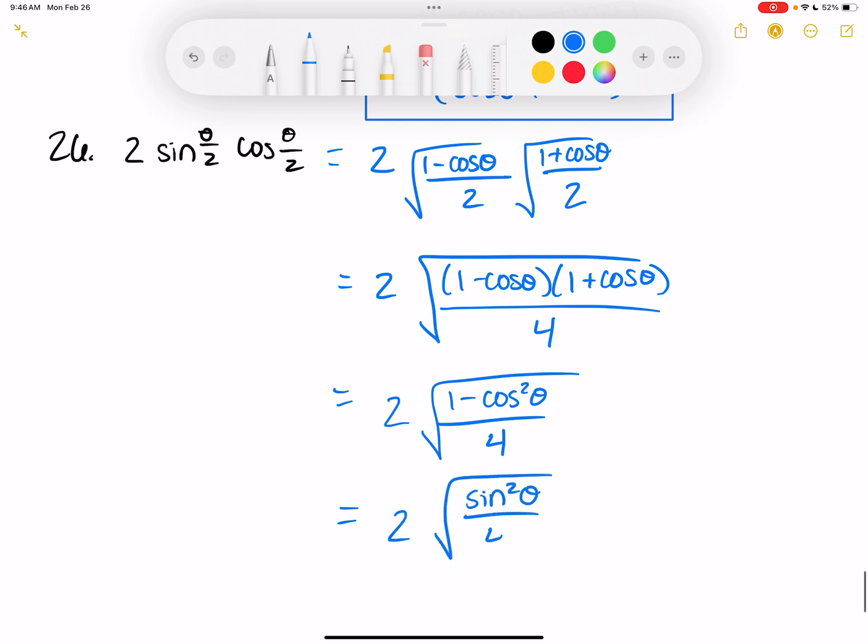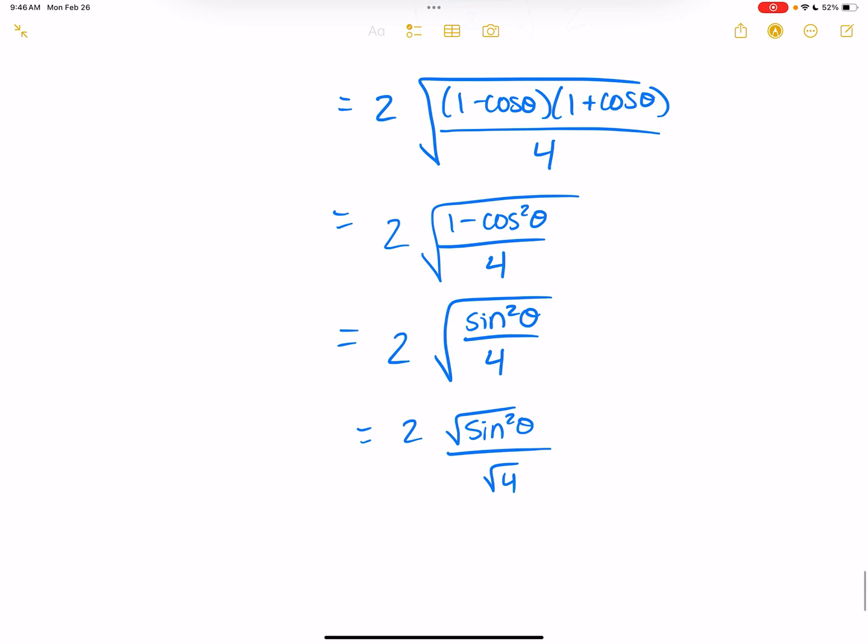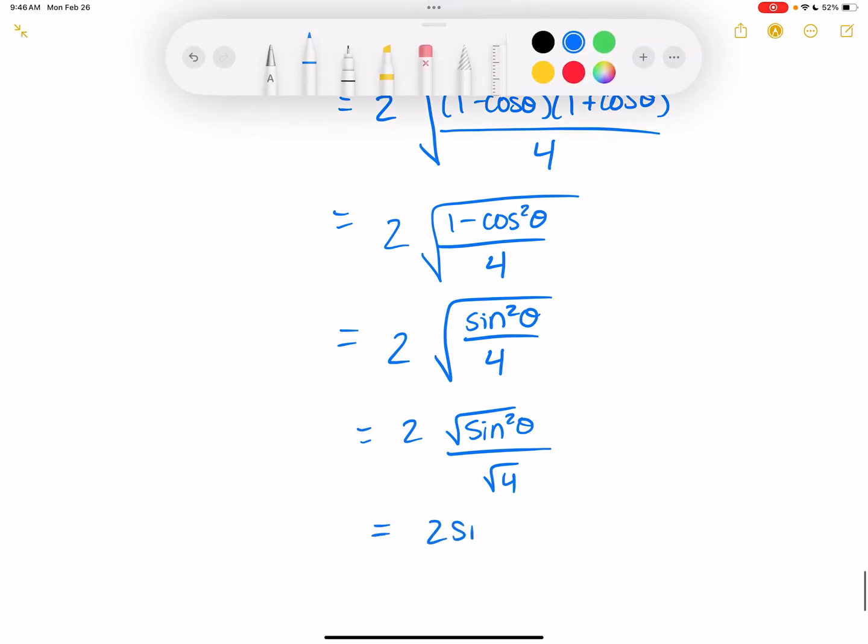And what does this reduce to inside here? Just remember, I can rewrite this as 2 times the square root of sine squared theta, sine theta, over square root of 4. So, yep. On top, I'm going to have 2 sine theta, and square root of 4 is 2. So, when it's all said and done, I'm left with sine theta.